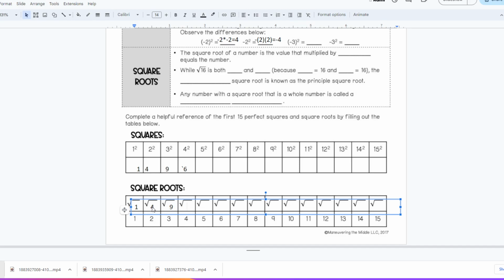And you guys can see this is just a direct inverse of this chart. So go ahead and fill the rest of this chart out. And when you're done, come back up here and we'll complete the square roots part.